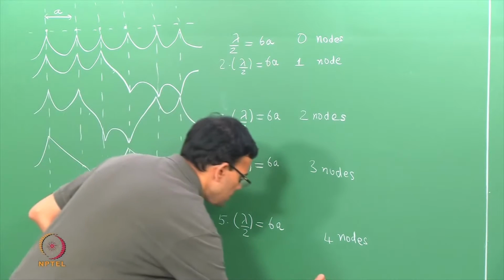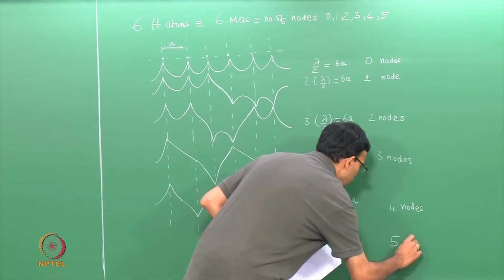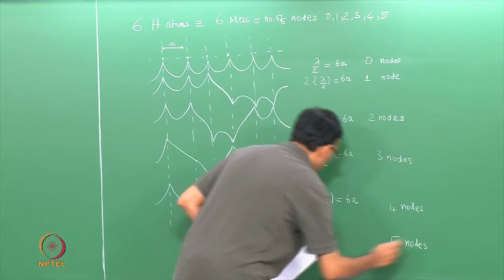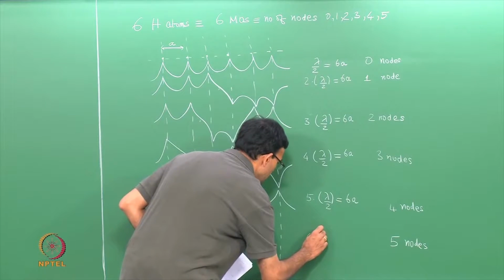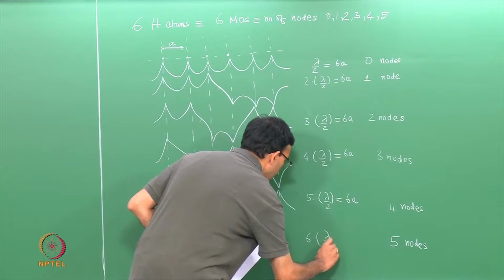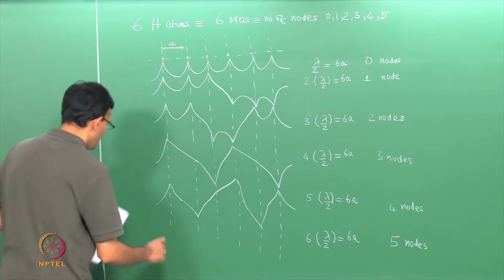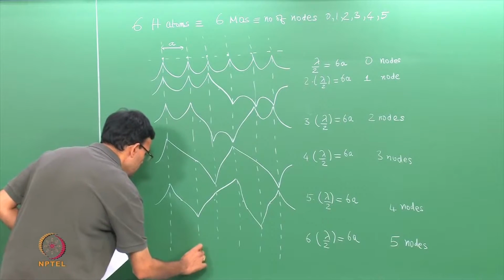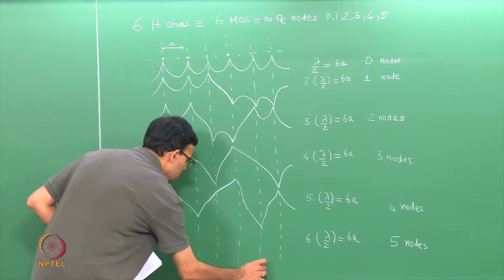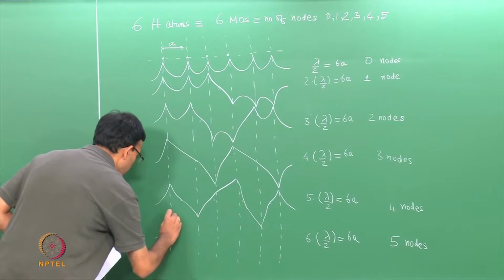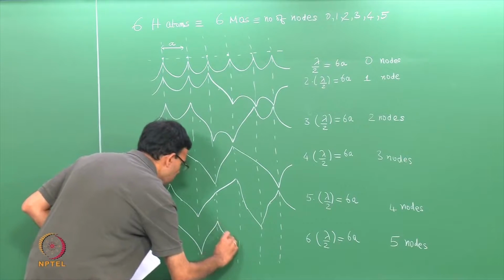And then the last, with 5 nodes, is trivial. So, 6 times lambda over 2 is 6a. So, you have everything going up and down.